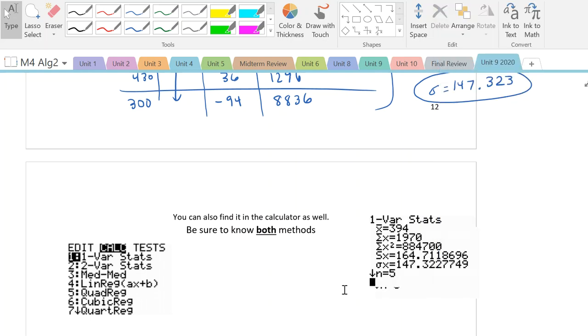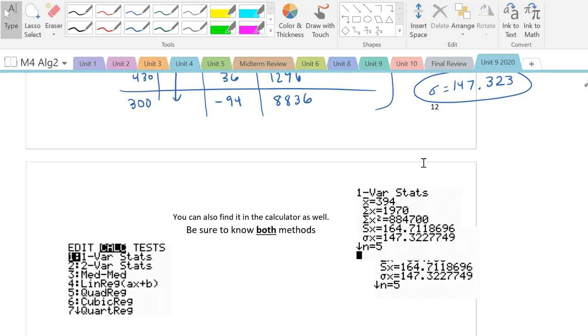You can even see right there, there's our standard deviation. Just what we got. I rounded. The 2 I bumped up because of the 7. So there is standard deviation, and that was significantly quicker than doing it by hand. But it is good to understand what the calculator is doing when you're working with these.